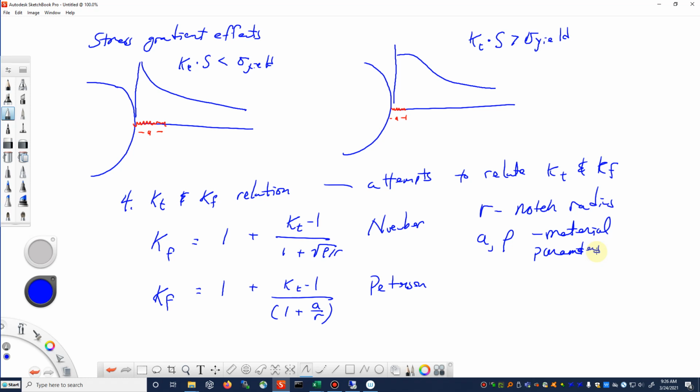So if you have the data, then use the data. In general, I'd say these are not too useful, and for practical purposes, in most cases, I will claim that you can take Kf to be approximately equal to Kt. Like I said, some people will argue about that kind of approximation.